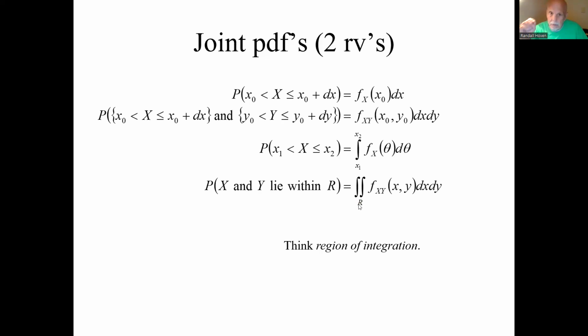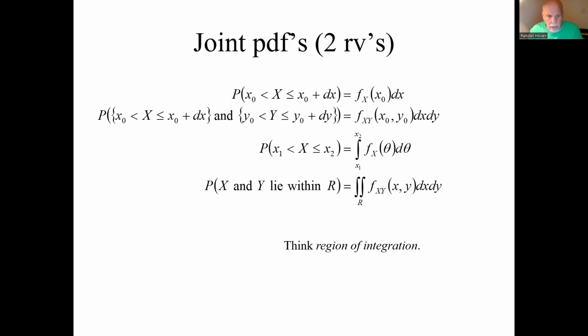And the big thing that it takes a while for students to get is you're often not asked for the probability that x is within a certain region. You have to translate the problem statement into that region. It might say, what's the probability that x is greater than y? Or what's the probability that x and y are within some circle, that x squared plus y squared is less than 1, for example.